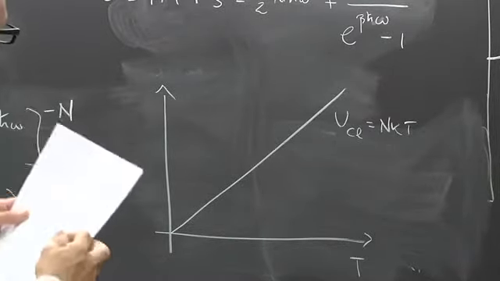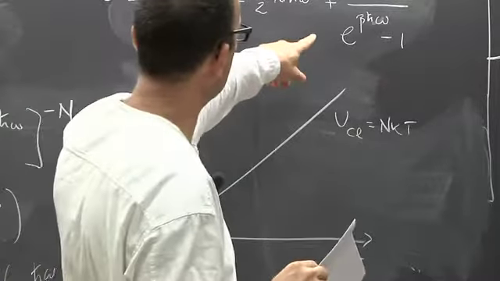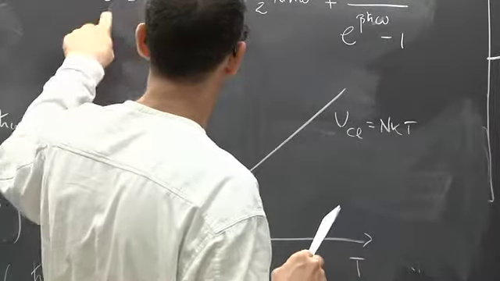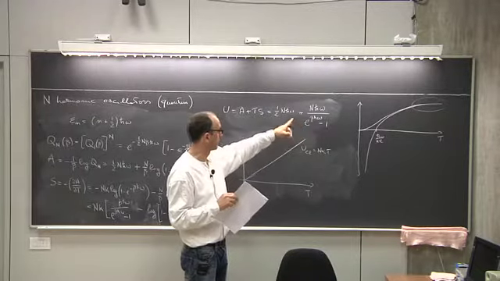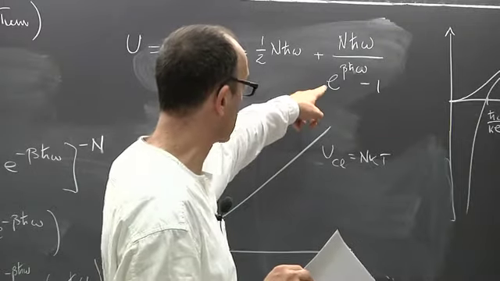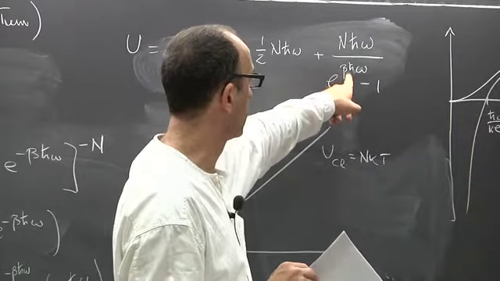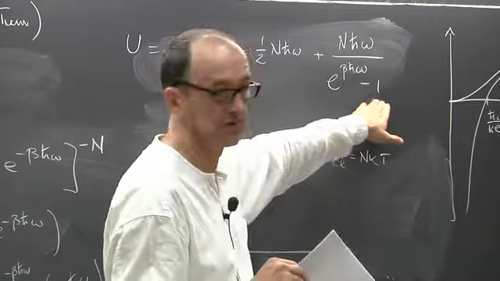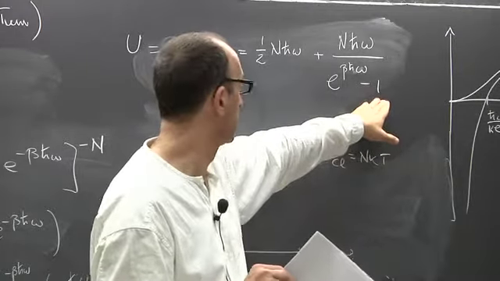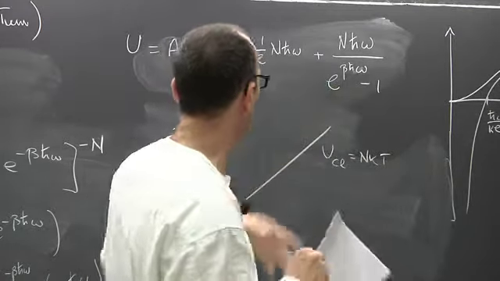This instead, well, you can see that if we consider again the limit of very large temperature, so very small beta h bar omega, then you expand the exponential here.